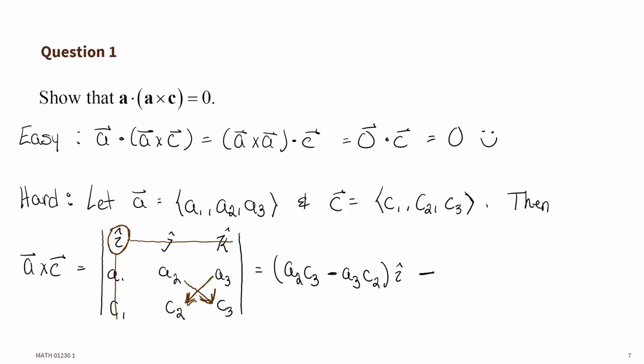Minus. And the reason it's minus is clear when you study cofactor expansion in linear algebra. For now, you just have to take my word for it that it has to be minus. Now looking for the J component.